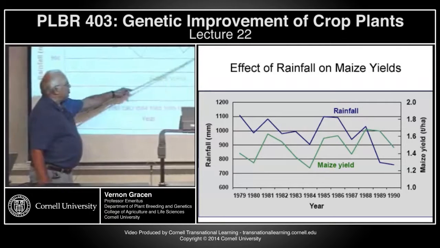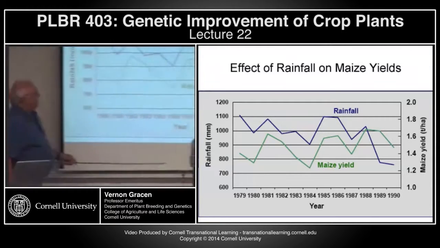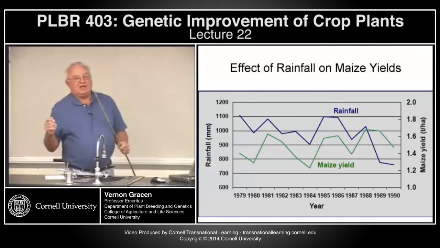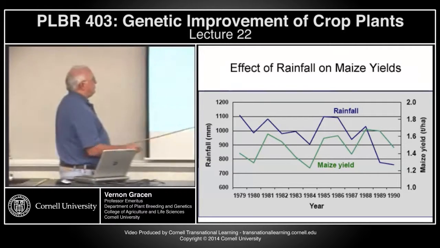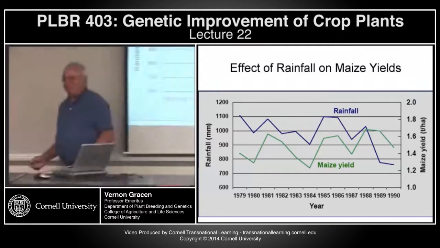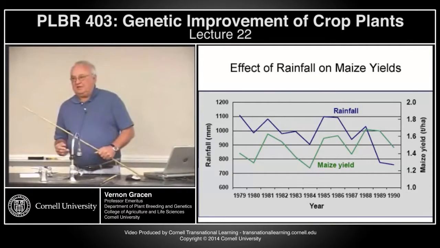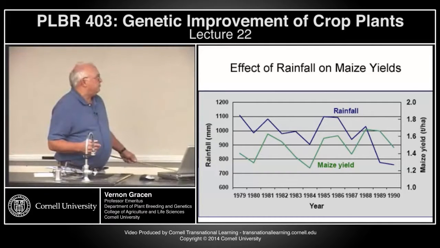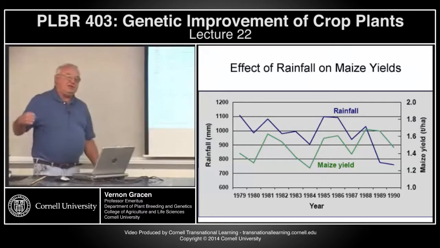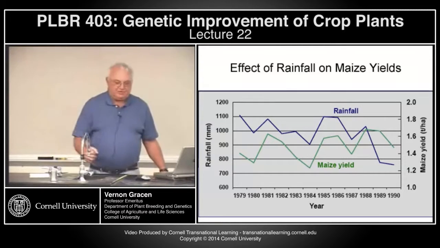You notice the lines cross over here. I don't think that's due to Marianne Banziger's efforts to produce drought-tolerant crops entirely. I think we'll fall back beyond that limit relatively shortly. But in general, plants need water in order to survive and to produce yield.